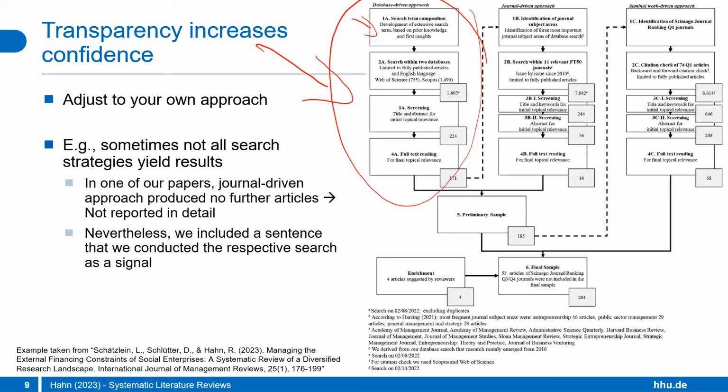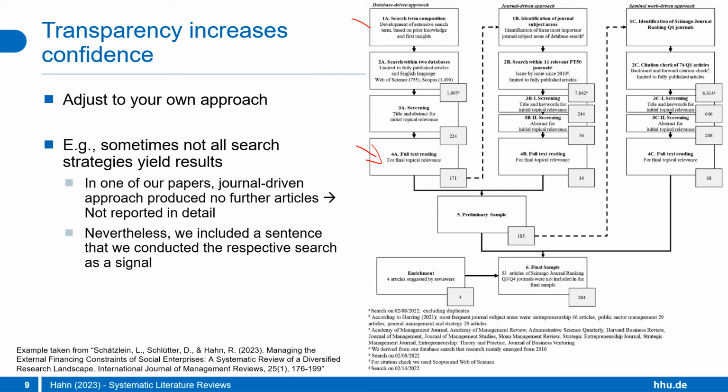We started with a search term composition, searched two databases, and it yielded that many results. We then screened titles and abstracts, so we came down to that many results. We read the full text of these, and in the end we ended up with that number of articles.